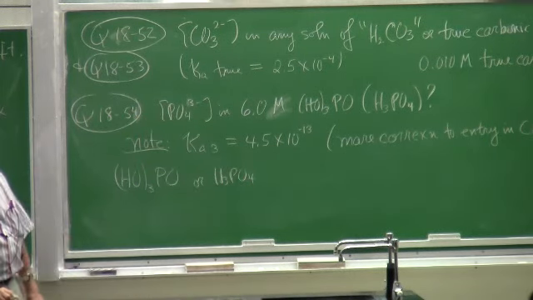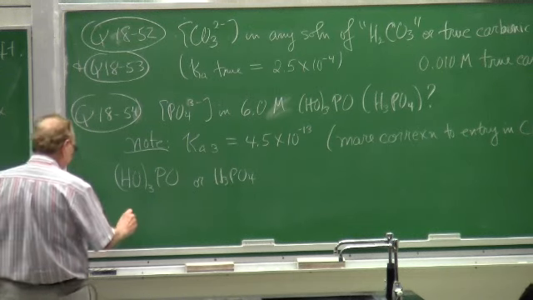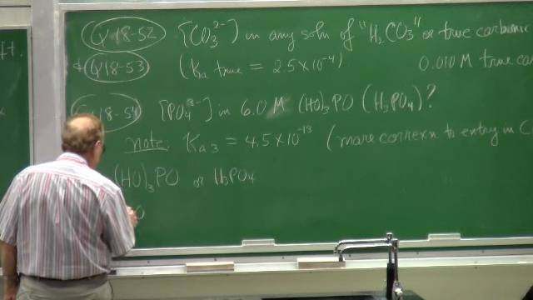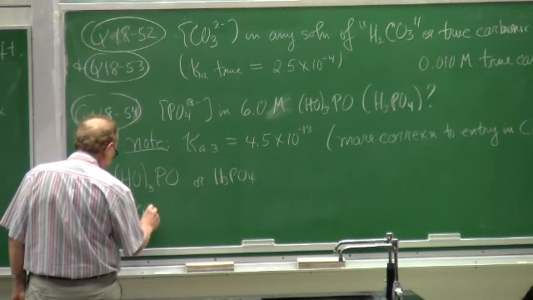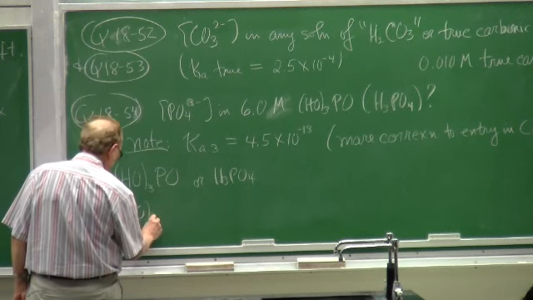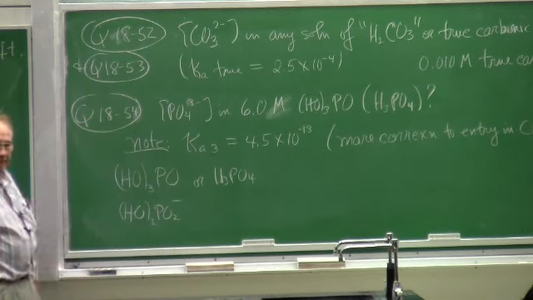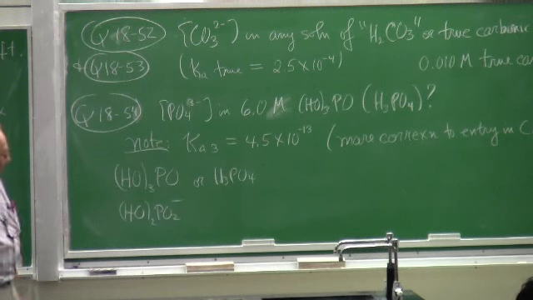There's the parent acid, phosphoric. There's what you get after 1 H plus loss.